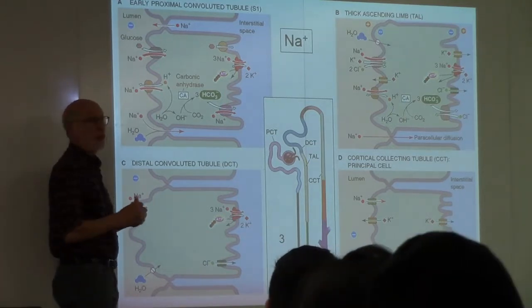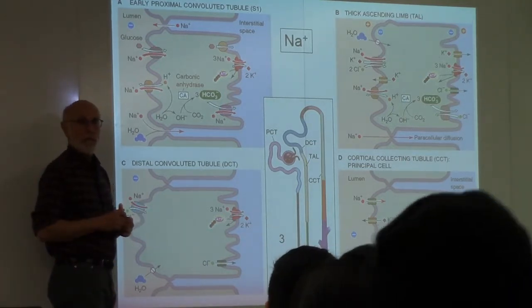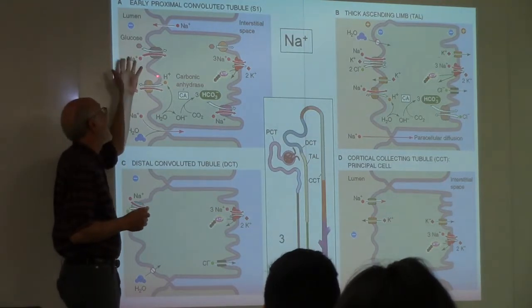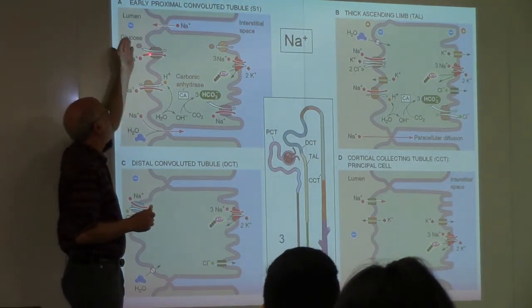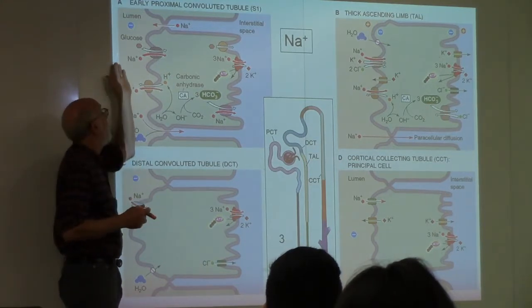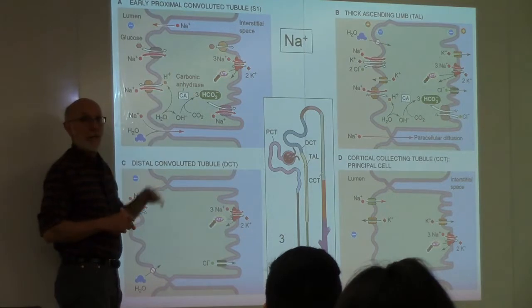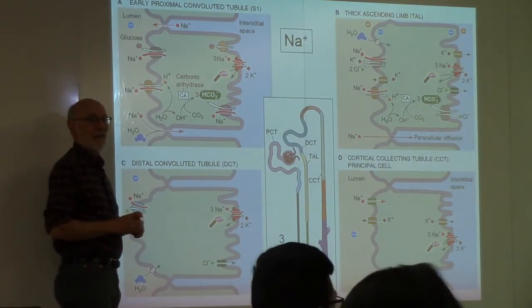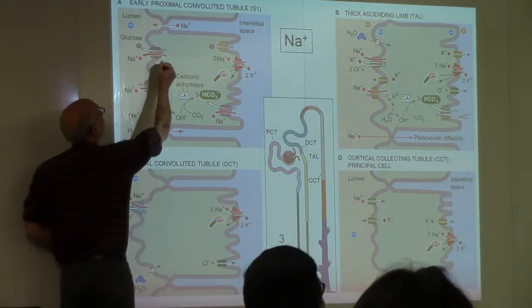Yes, that's the sodium glucose cotransporter. Okay, it's transporting sodium and glucose, but sodium from the tubular lumen, from the tubular fluid, into the cytoplasm. That's all we need to know for now. Go ahead and pass the laser on. So this is an important one.